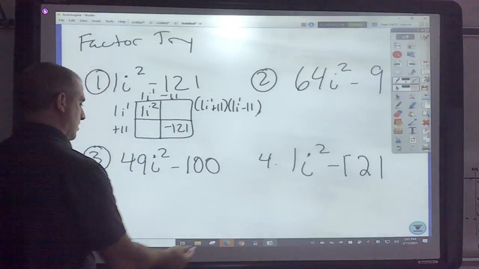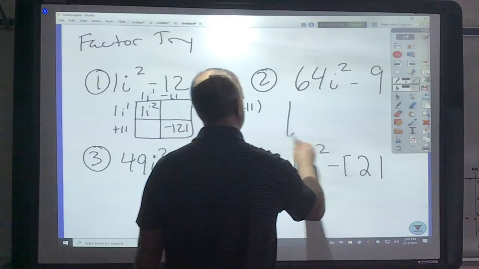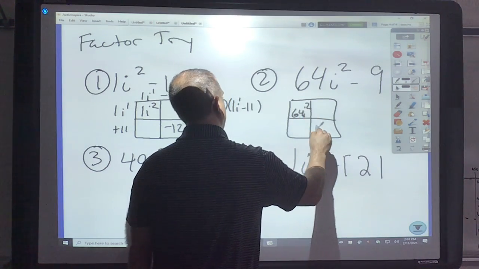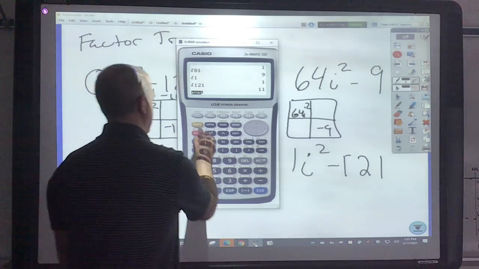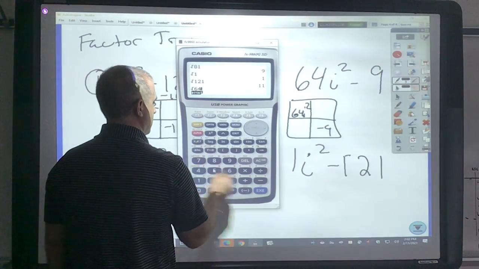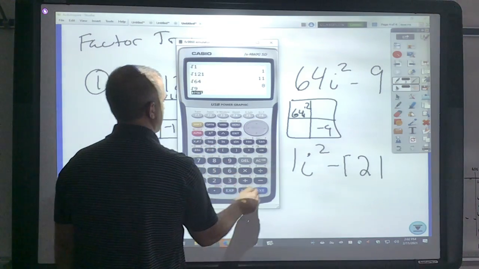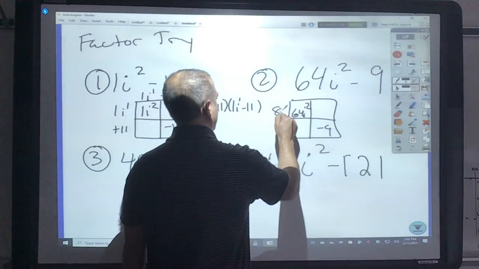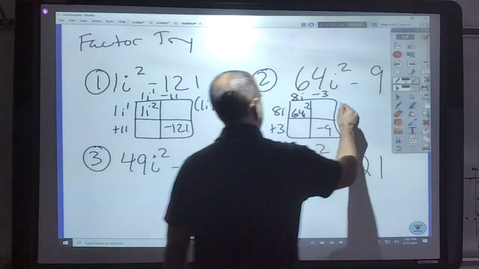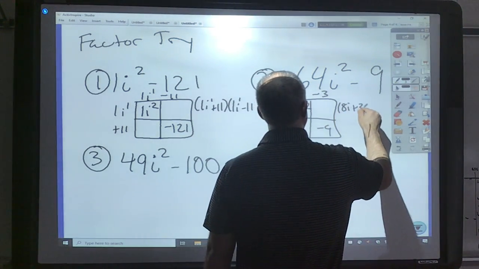Okay, let's do this one. 64I squared minus 9, square root of 64, square root of 9. 8I plus 3, 8I minus 3. Those end up being the factors.